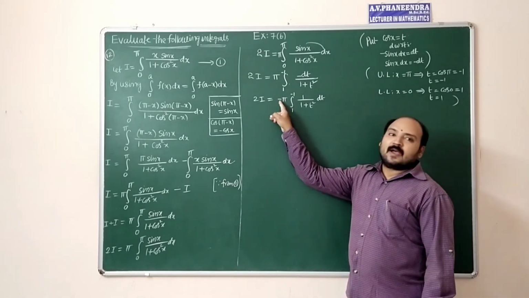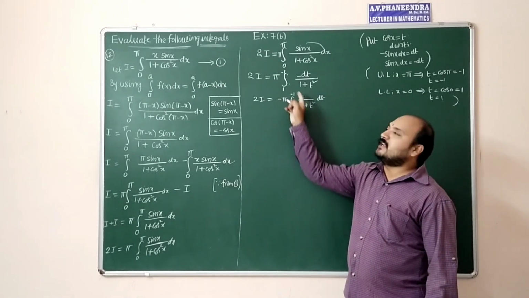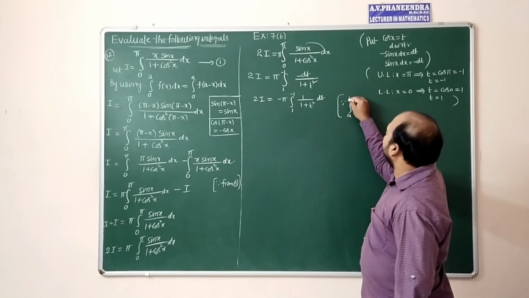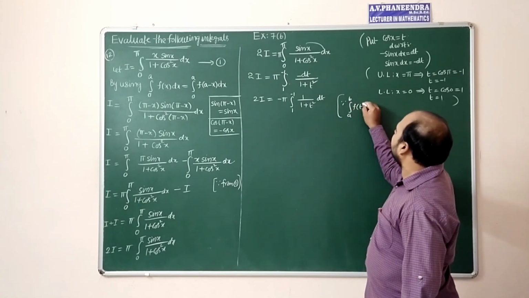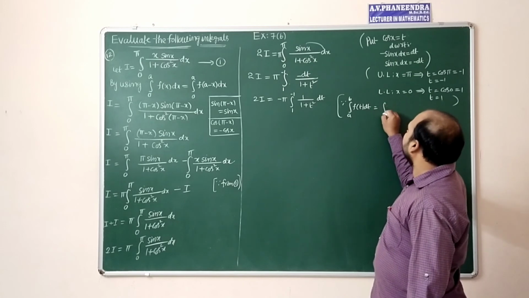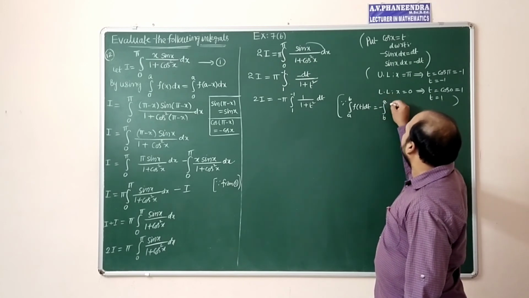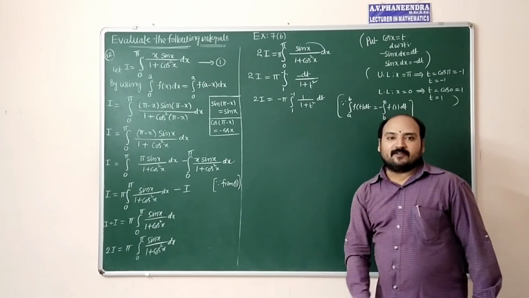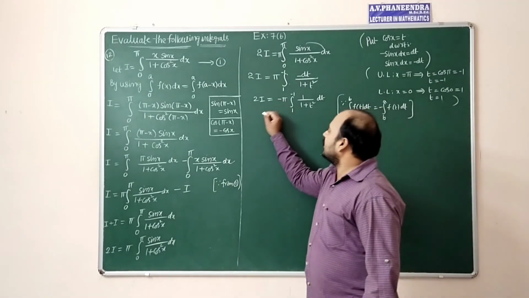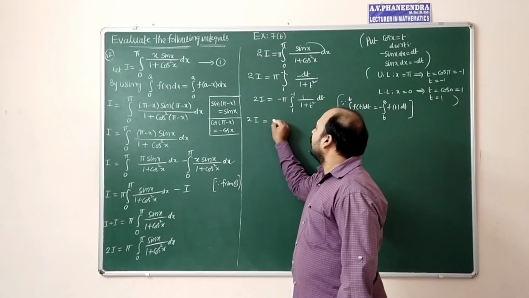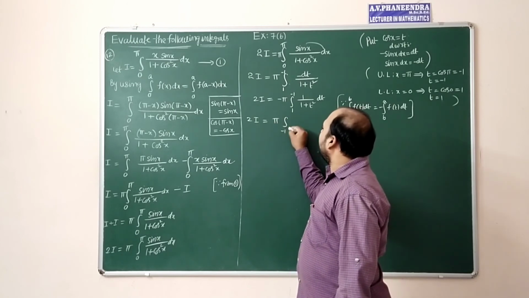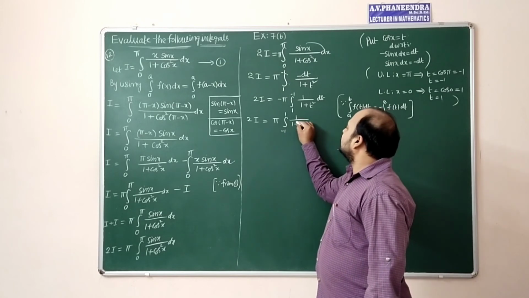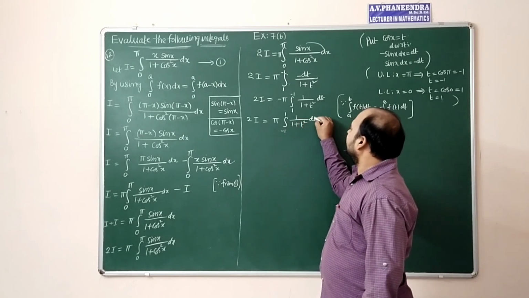If you remove this minus, the limits will interchange. We have the property integral a to b f of t dt is equal to minus integral b to a f of t dt. This is the sign change property in definite integrals. So here 2I equal to pi into integral minus 1 to plus 1 of 1 by 1 plus t square dt.